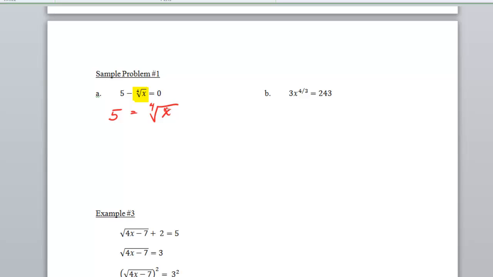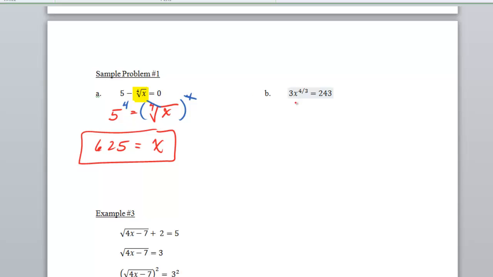Now what I'll need to do is raise that to the 4th power, because if I raise this root to the 4th power, it's going to cancel, but I also have to do that to both sides. So that cancels, leaving me x, and 5 to the 4th power is 625, and you can use your calculator for that if you don't know those roots and powers yet.